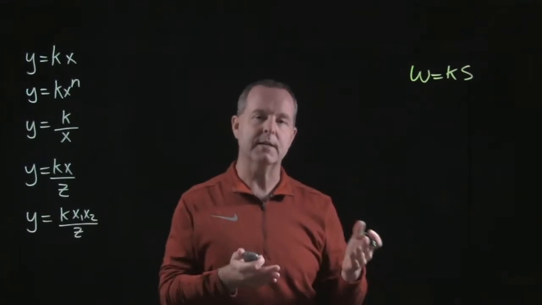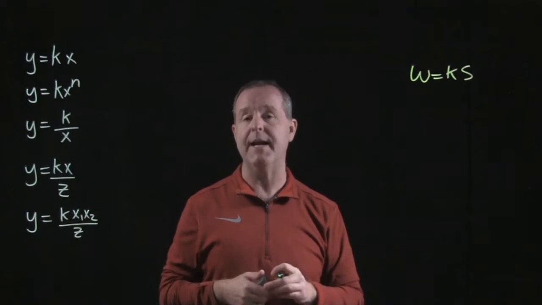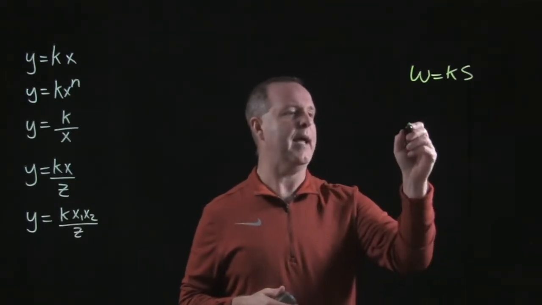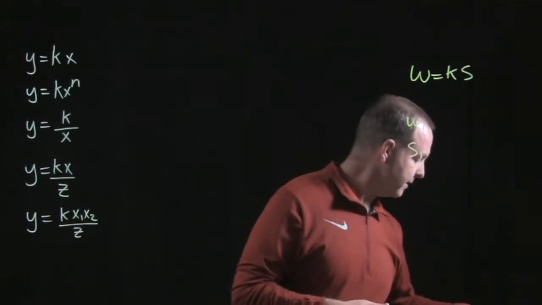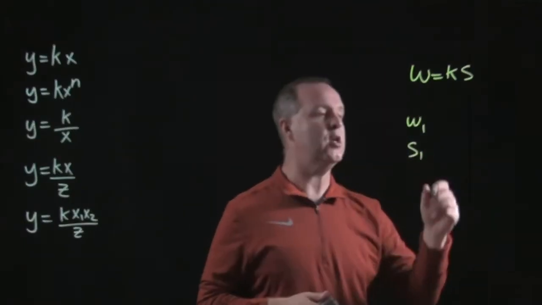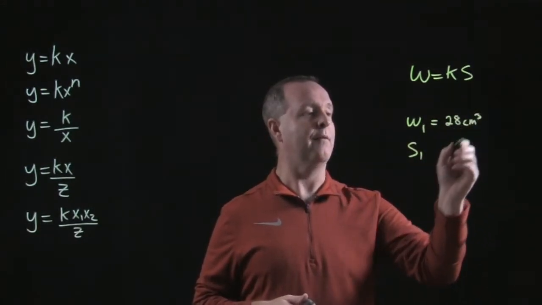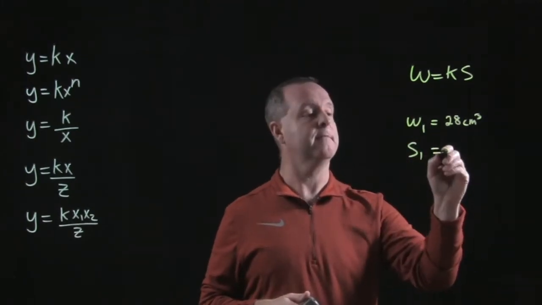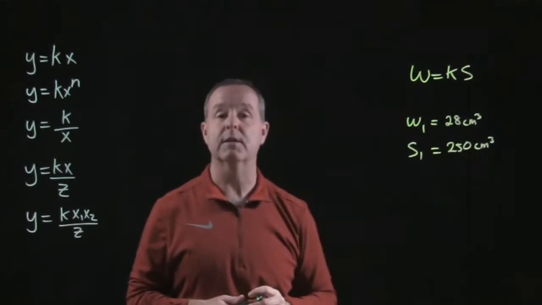Now we can use this because we'll go out there and take an initial sample, an initial set of data. So in my initial case, I know that 28 cubic centimeters of water will produce 250 cubic centimeters of snow melt.